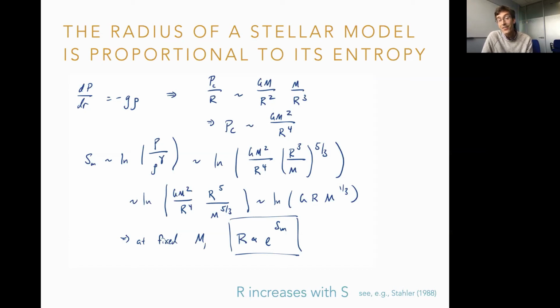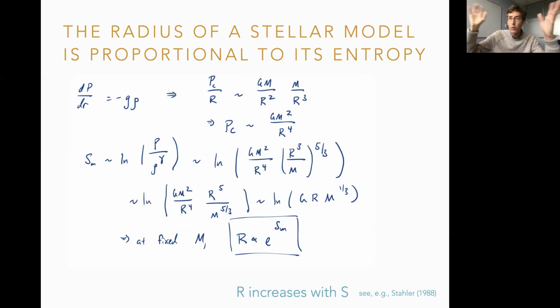What that tells us is that at fixed mass, the radius of a star is proportional to e to the specific entropy. In other words, if you want to change the radius, one way to do that is to change the entropy. And the two are in fact very tightly linked.